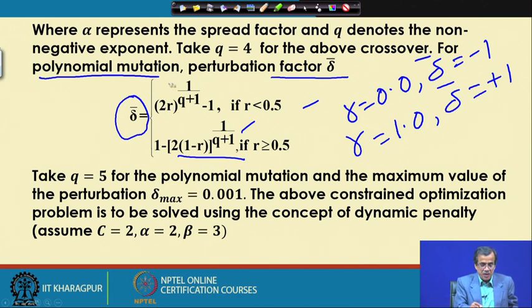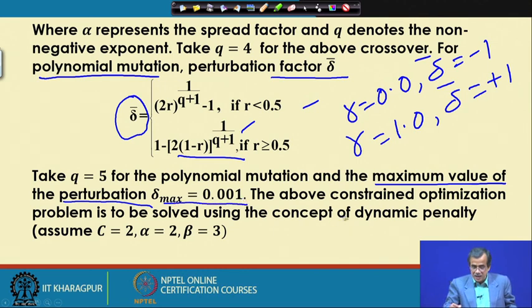For this polynomial mutation, we take q equals 5, and the maximum value of the perturbation, that is the maximum value of the dissimilarity, is taken to be equal to 0.001.